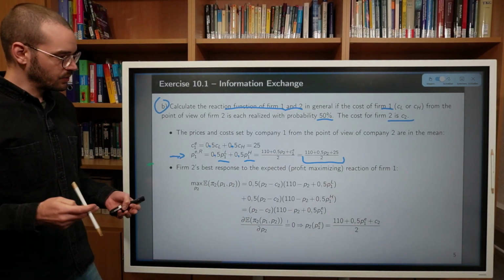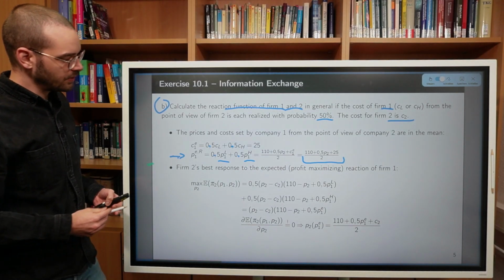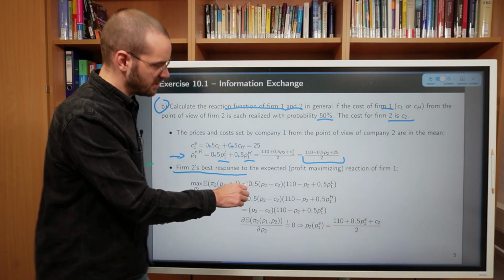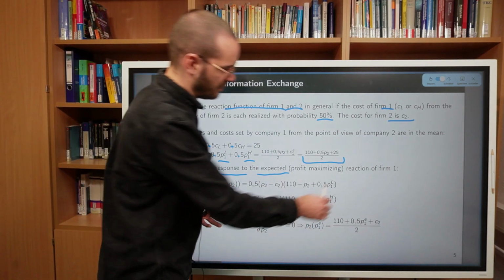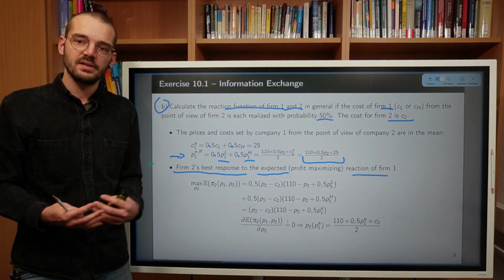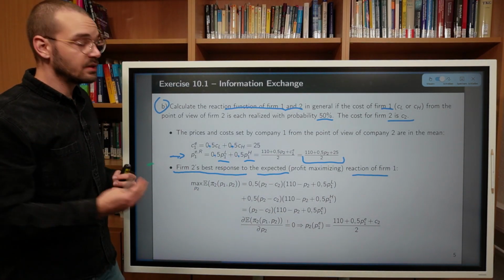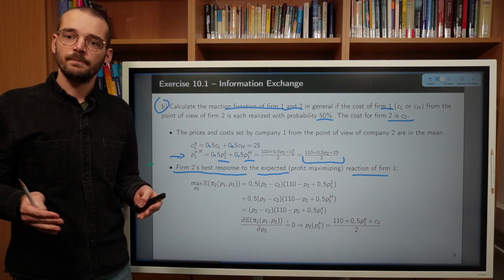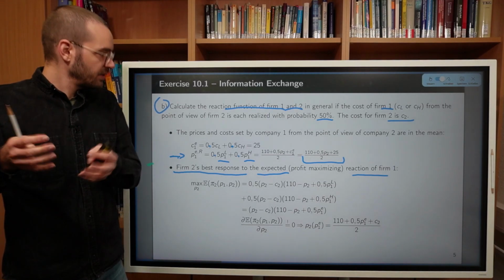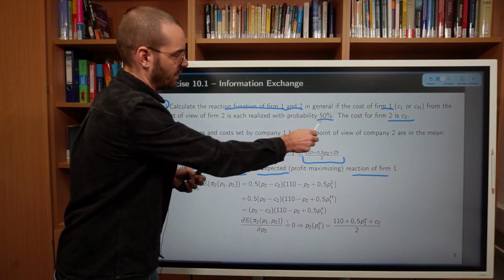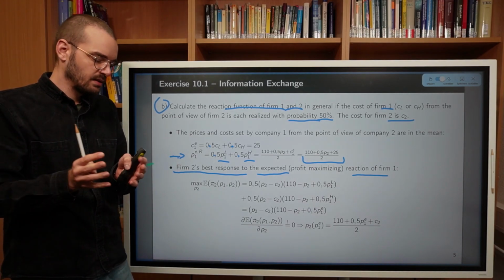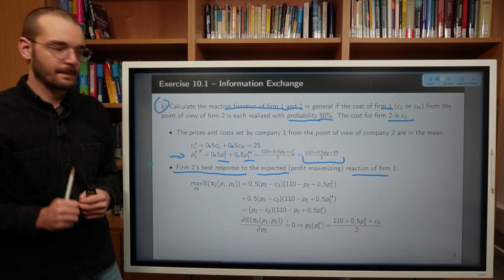So in order to find the market equilibrium, we have to find firm 2's best response to the expected reaction of firm 1, right? So we are now looking for the intersection of the deterministic reaction function of firm 2 and the non-deterministic, uncertainty-incorporating reaction function of firm 1.